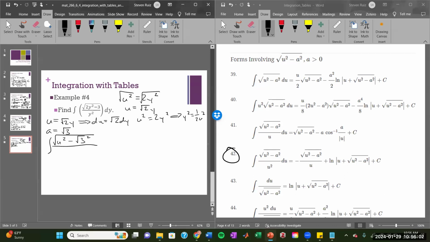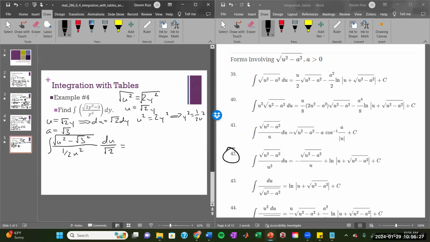So my denominator is 1/2 u squared. What happens to the dy? Should be du over radical 2. So I think that's correct.